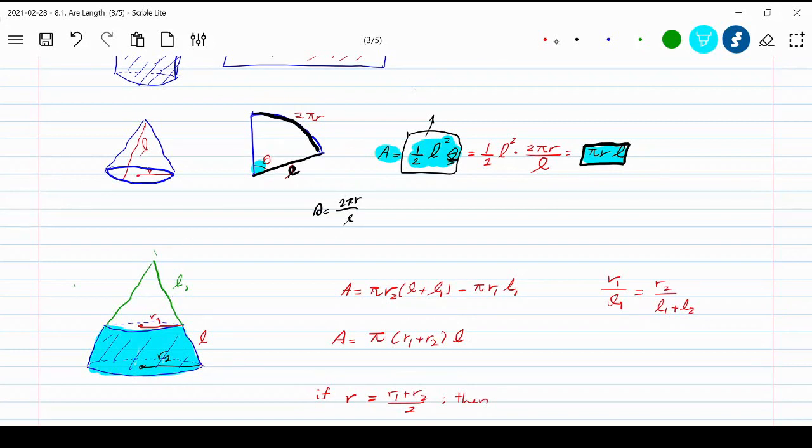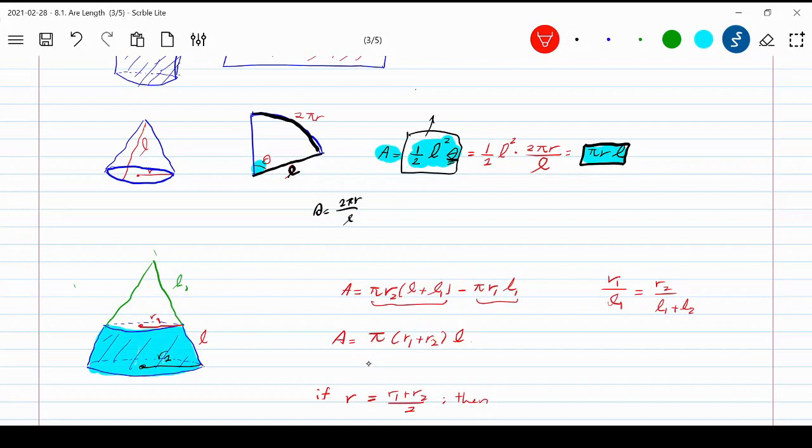The lower surface area, the whole surface area minus the upper surface area, gives the area of this highlighted section.